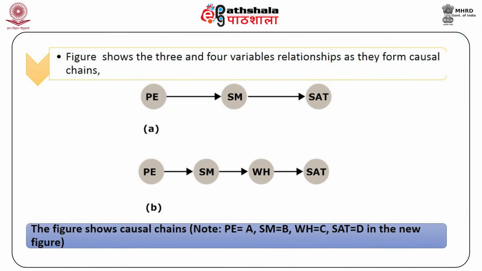Otherwise, the model one would develop through path analysis may not be valid. Look at the figure, we shall see how the relationships are combining. The figure shows three and four variable relationships as they form causal chains, which in turn form the complex causal models that we find in figure B.